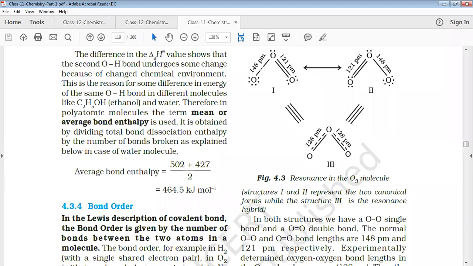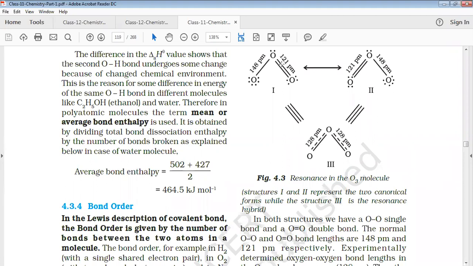When one bond breaks, the energy calculated is bond enthalpy. If you calculate for all of these atoms at once, we call it average bond enthalpy. Average means all together we take up.